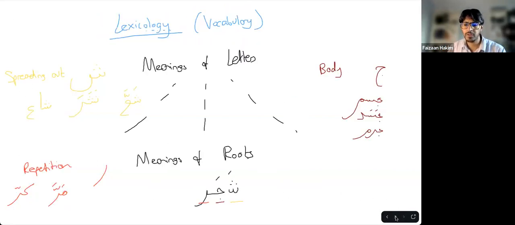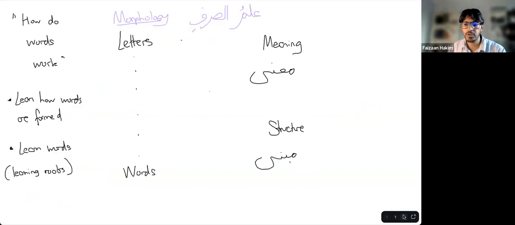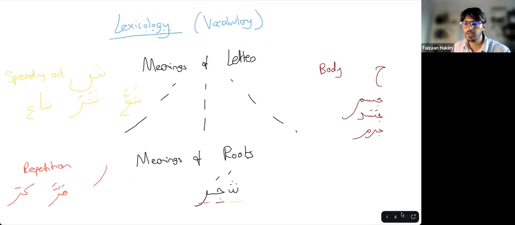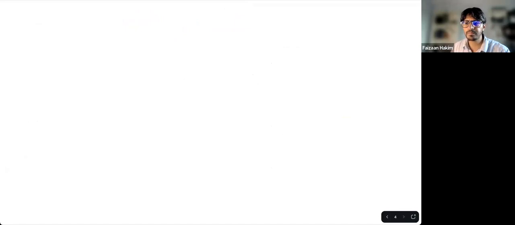So you have these three sciences: lexicology, morphology, grammar. What we're doing now is let's do a bit of morphology. Let's introduce you to the most important structures, mabani, of how a root is composed into words. Let's go back to fa'ala.